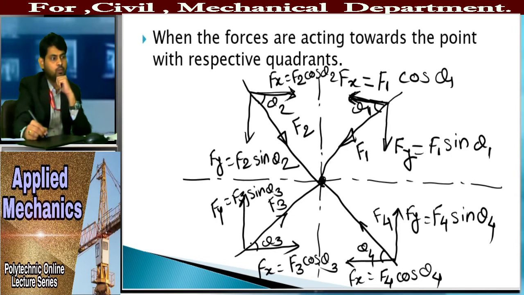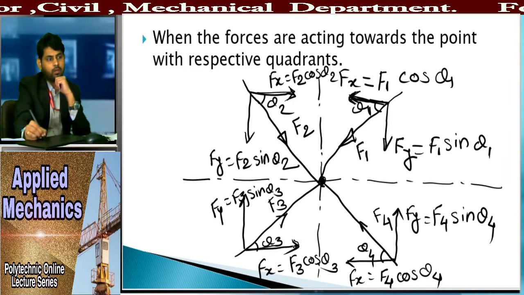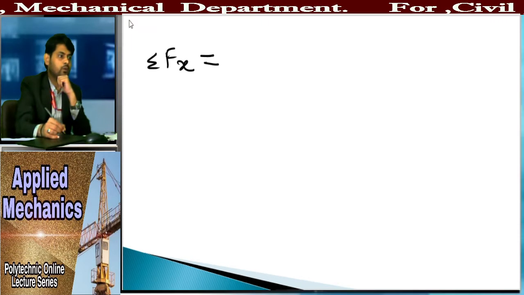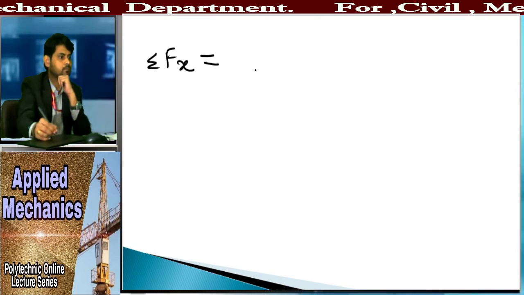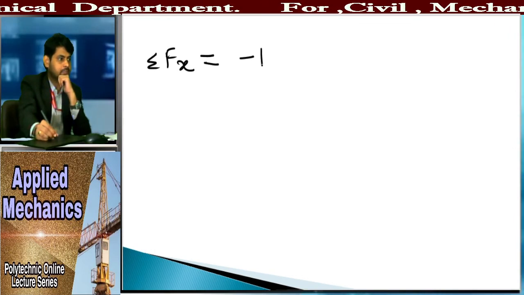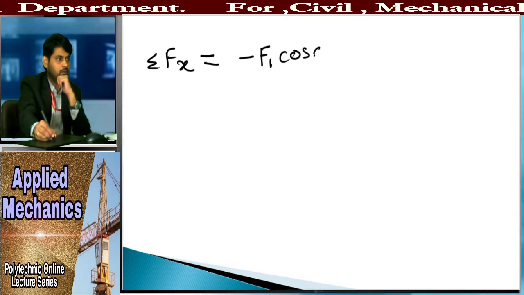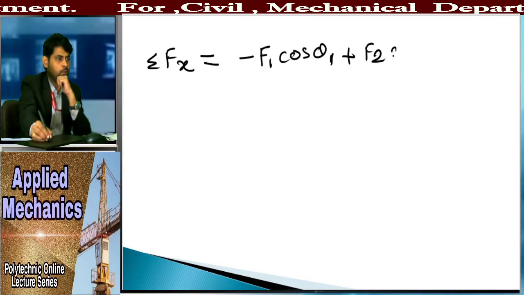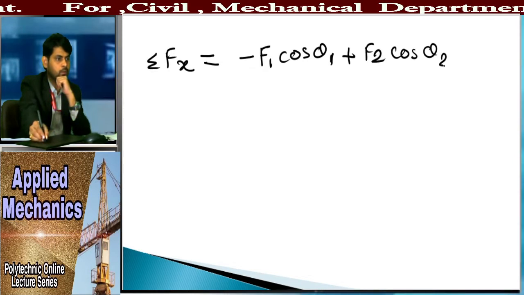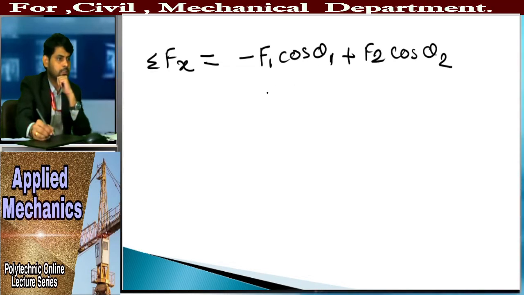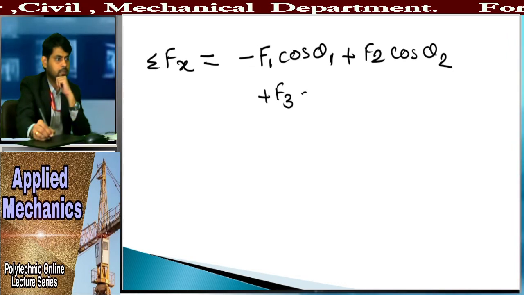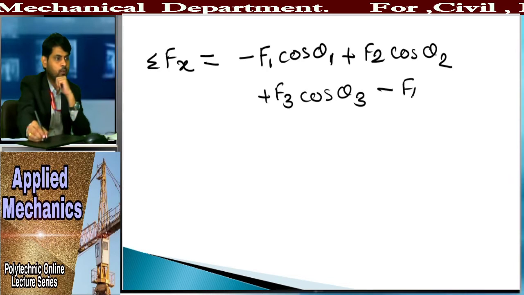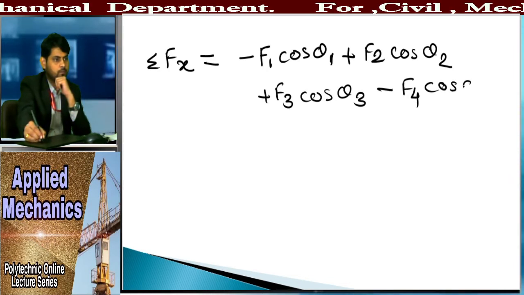It will also go towards the third quadrant, and this goes towards the fourth quadrant, right? So we can resolve it like this: minus F1 cos of theta 1 plus F2 cos of theta 2 plus F3 cos of theta 3 minus F4 cos of theta 4.